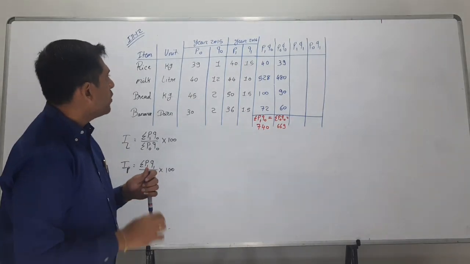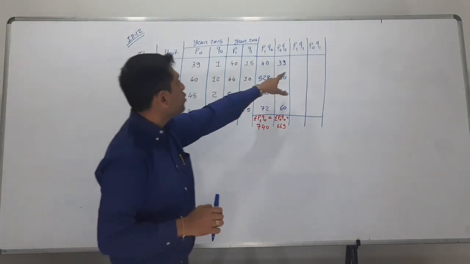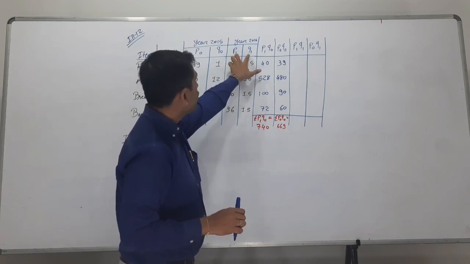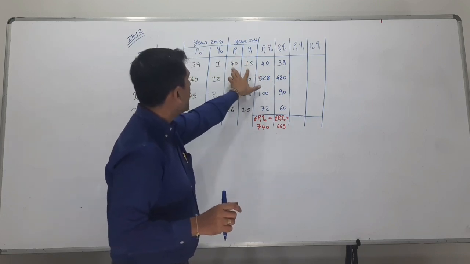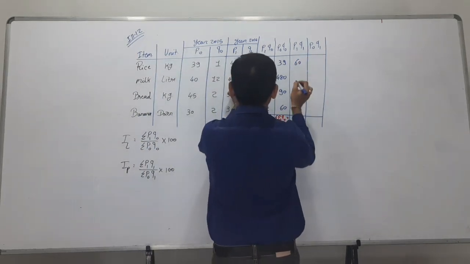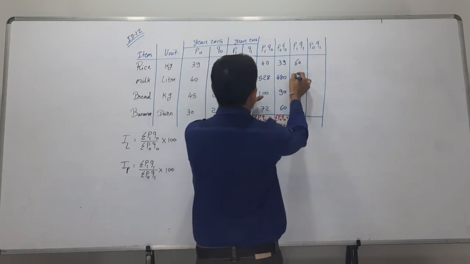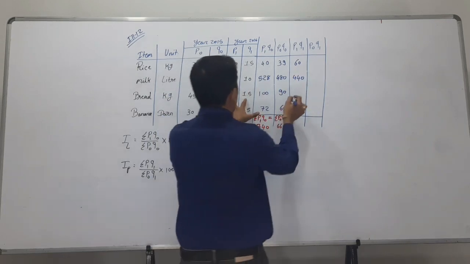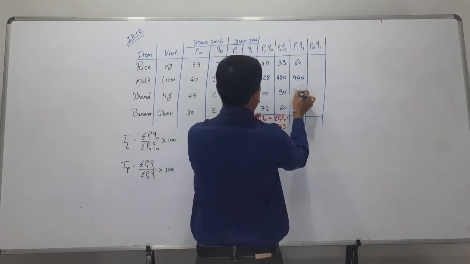Okay. Now the next one is P1 Q1, the multiplication of these two, P1 and Q1. 40 into 1.5, that is 60. 44 into 10, that is 440. 50 into 1.5, that is 75.